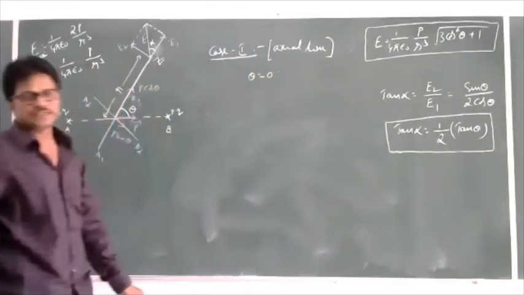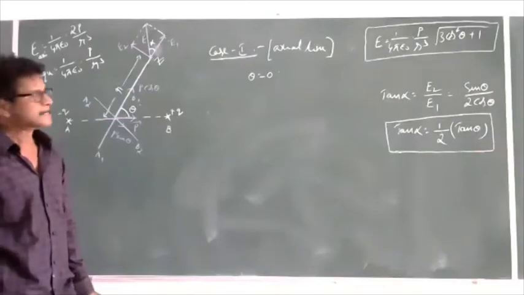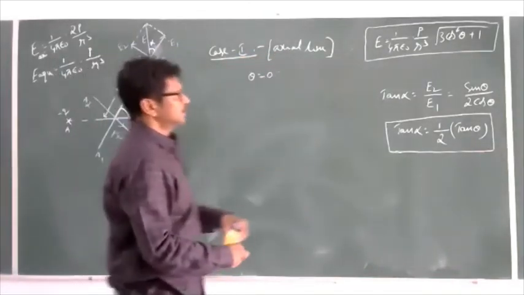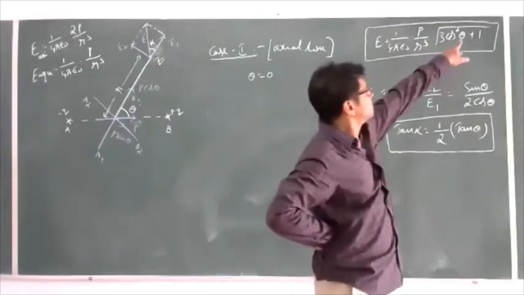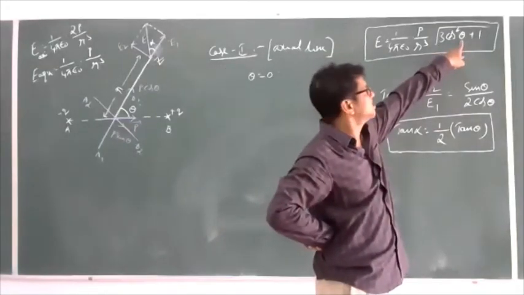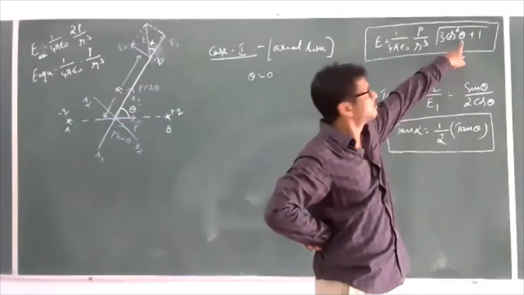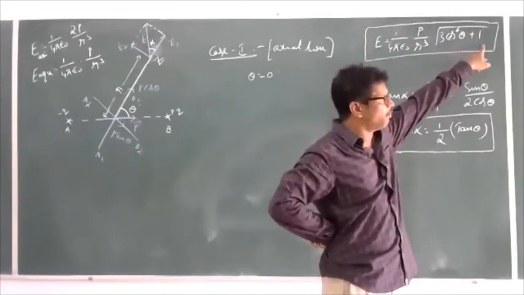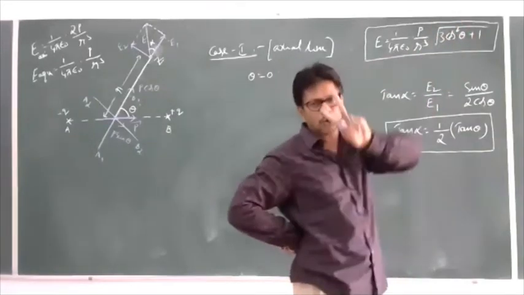If theta is equal to 0, you make use of that formula. Cos 0 is equal to 1. So 3 into 1 is 3, 3 plus 1 is 4, and the square root of 4 is 2.